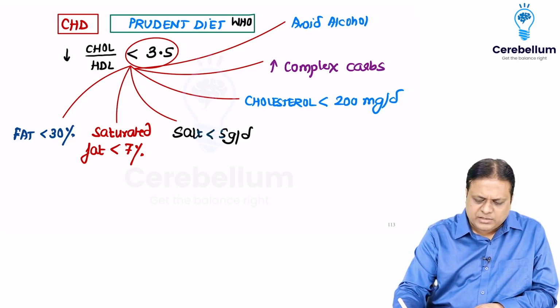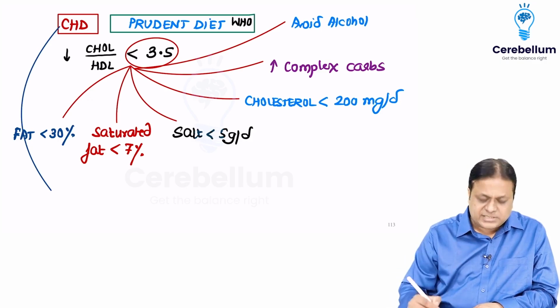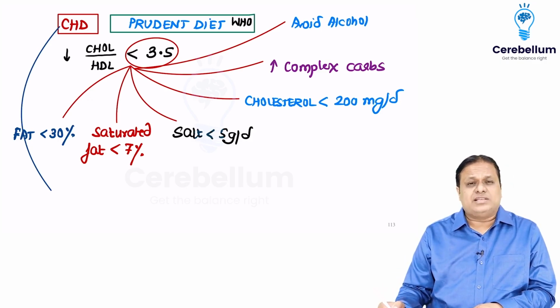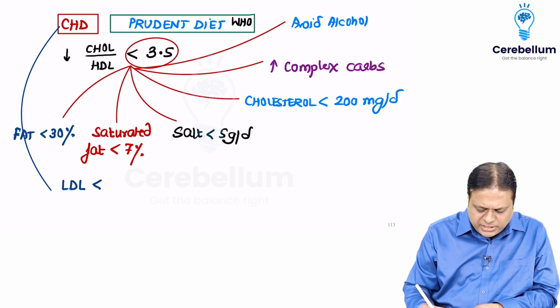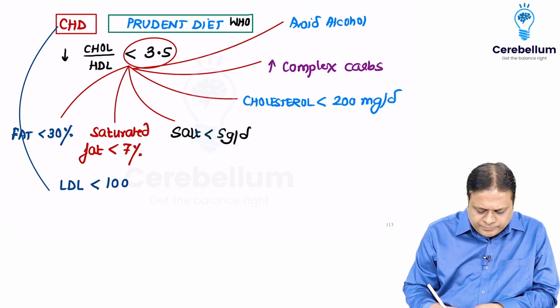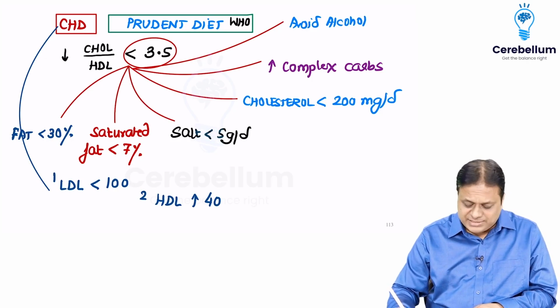When we look at coronary heart disease, its highest, most direct association is with LDL. It should be kept below 100. Then we target HDL. It should be taken above 40 milligram per deciliter.